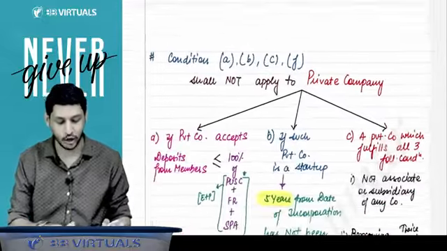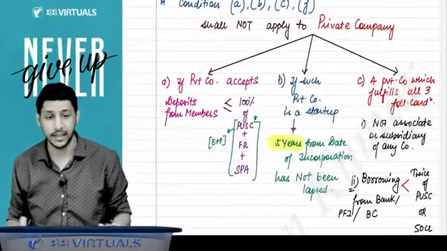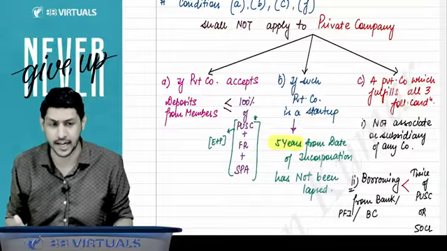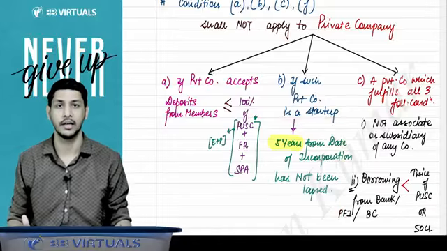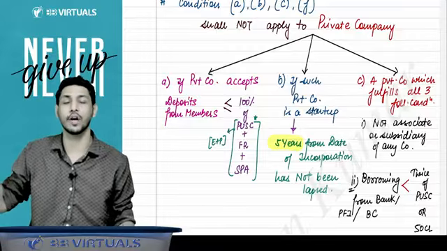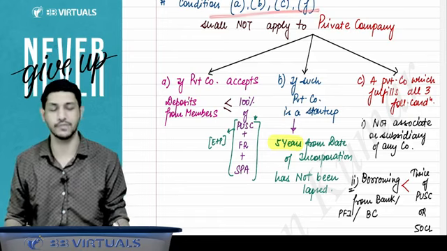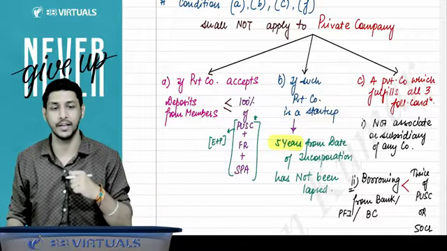These four conditions are not applicable to these three kinds of private companies. If a private company is a startup and it is within the initial 5 years of its incorporation, that is, 5 years have not elapsed from the date of incorporation, then these four conditions will not be applicable. It is a kind of privilege given to this kind of private company.